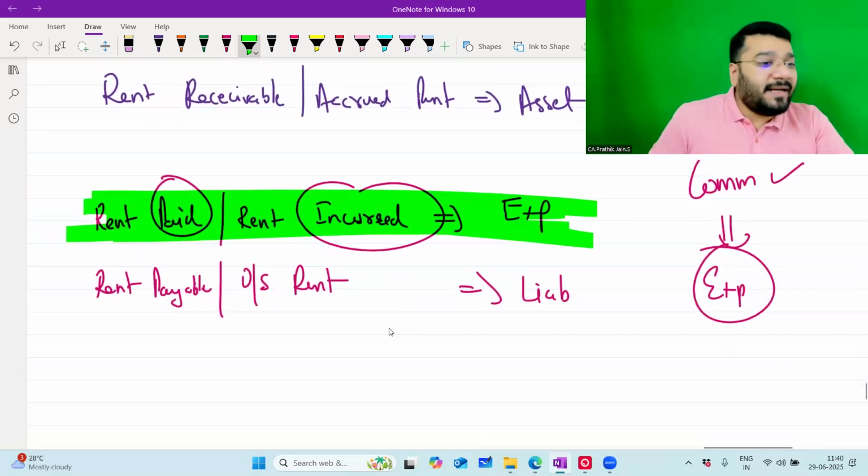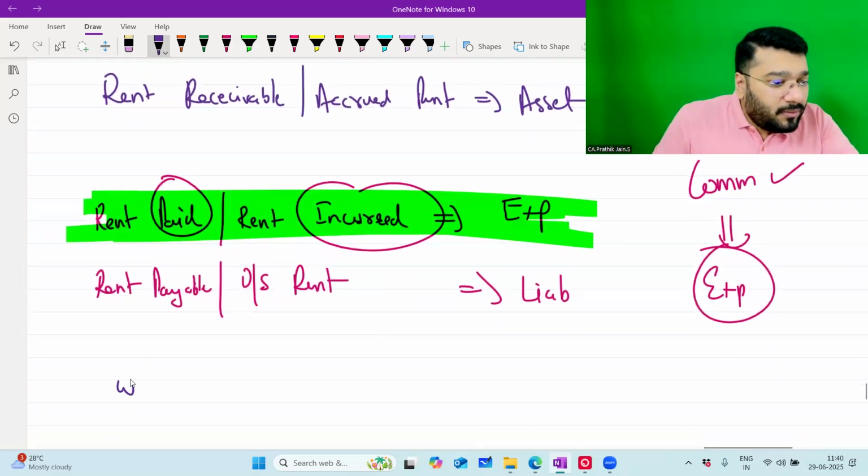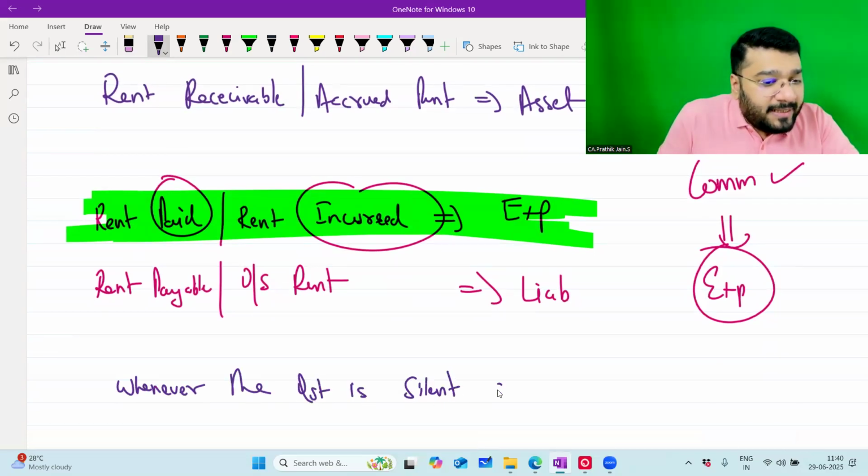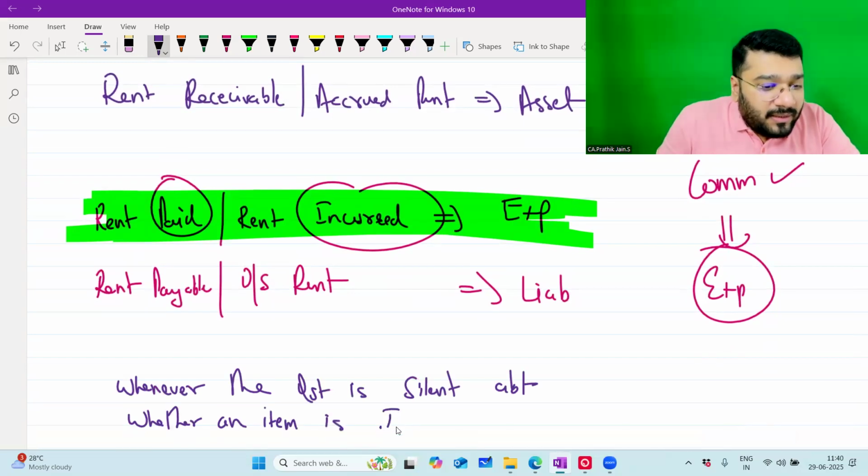So whenever the question is silent about whether an item is income nature or expense nature, always treat that as expense.